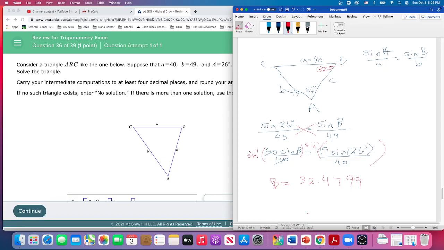Because we took an inverse sine and we've got this angle 32.5, if there were to be a second one that would work, it would be this reference angle over here, which is 32.5. But the way we measure it is from 0 up to that, so that would be 180 minus 32.5. So that means this angle could be 148.